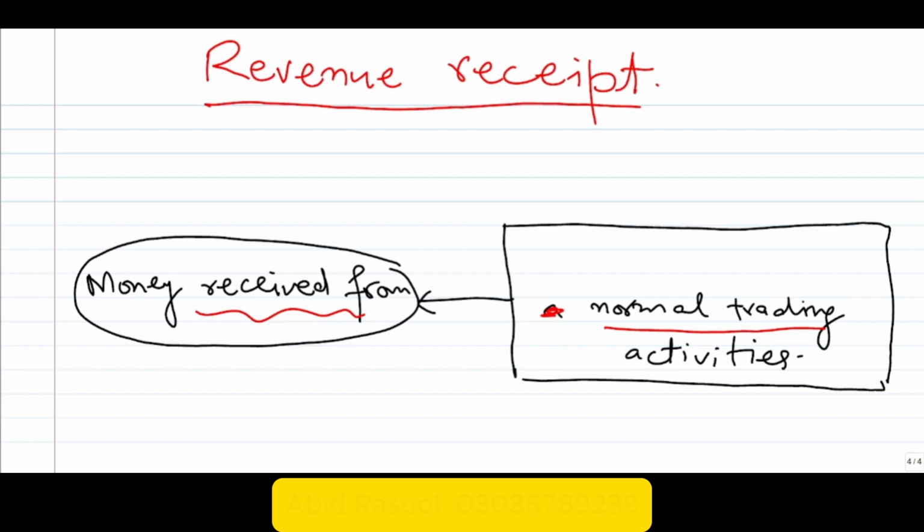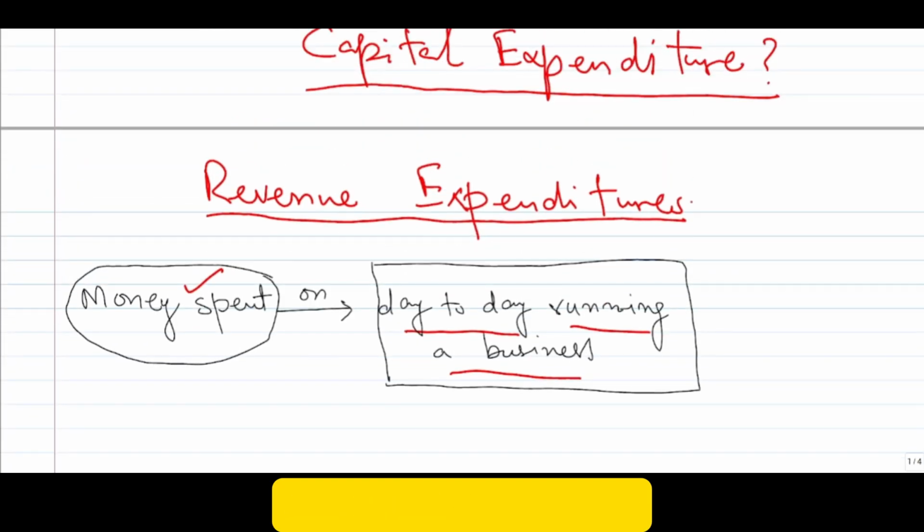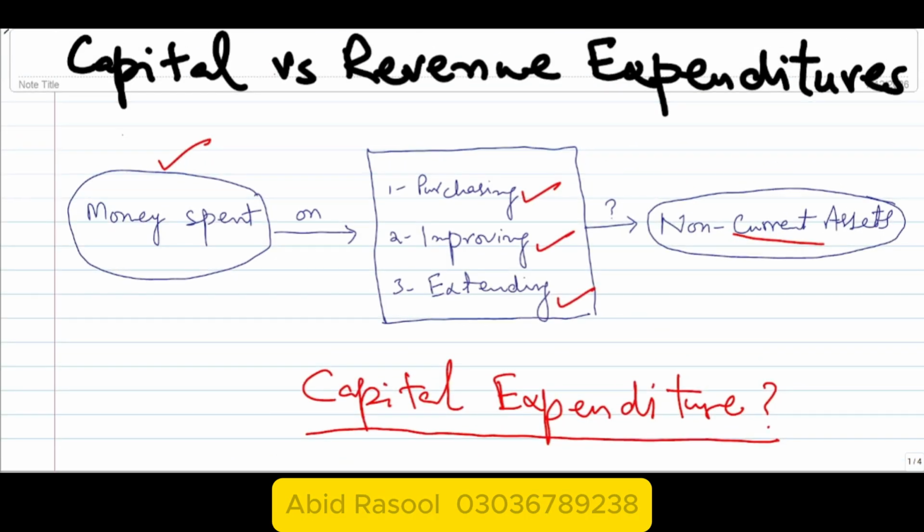You have a shop of spare parts, the money received from selling those spare parts is a revenue receipt, and so on. This is the money received from normal trading activities. Hope you have got the concept of capital and revenue expenditures and receipts.